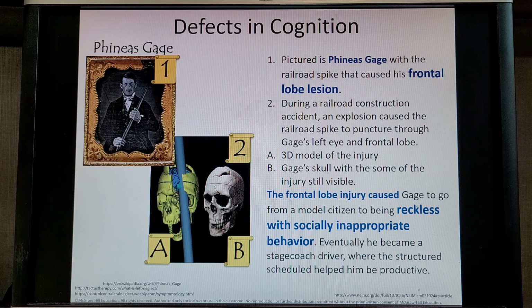So he went from being like a model citizen to being reckless with socially inappropriate behavior. What helped him, though, is that he needed something structured and a schedule. He ended up becoming a stagecoach driver, and that schedule helped to keep him organized.